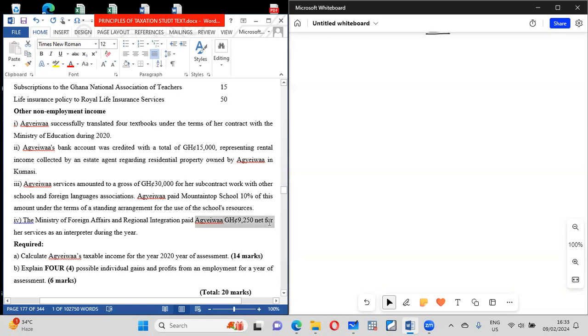So we need to do the gross in these cases, because this is an extra income as an interpreter. Calculate Ejewa's taxable income for the 2020 year of assessment and explain 4 possible individual gains and profits from employment for a year of assessment. Okay, so that is what we do.